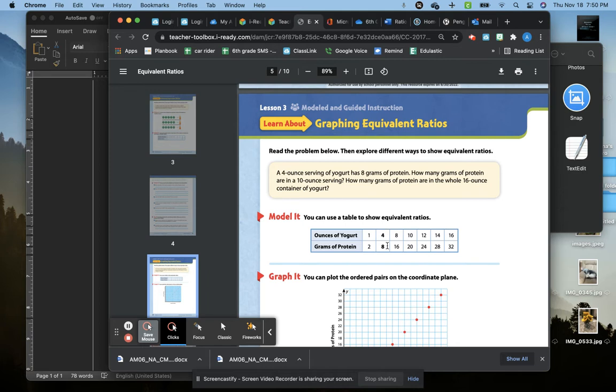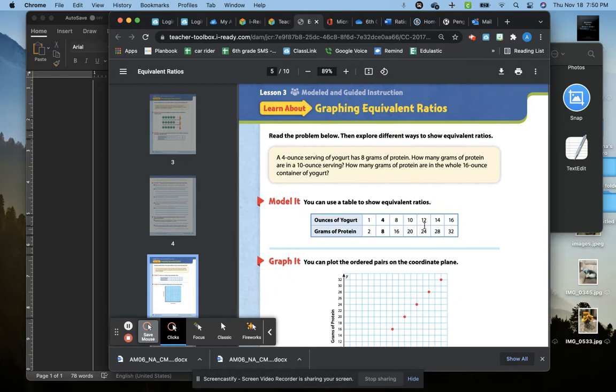They found the unit rate that there's 2 grams of protein in every ounce of yogurt. So the unit rate is 2, and if you do 2 times 4, that gives you 8. 2 times 8 is 16, 2 times 10 is 20, and so on.